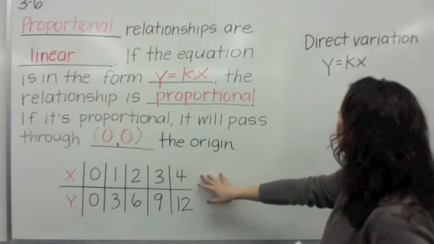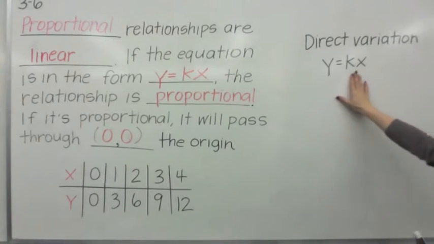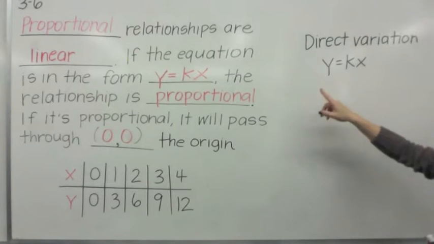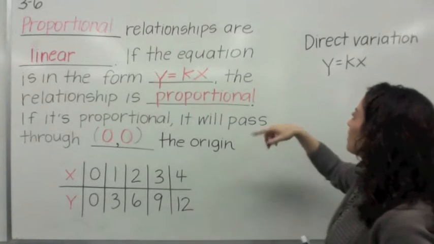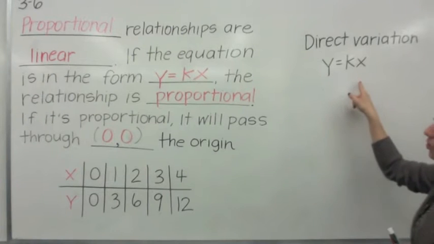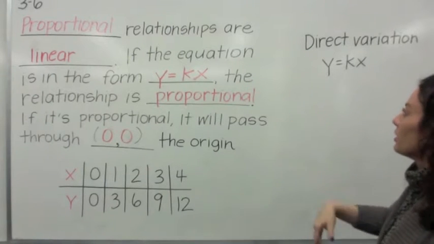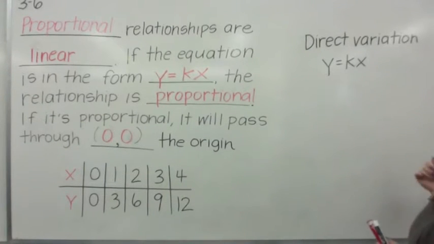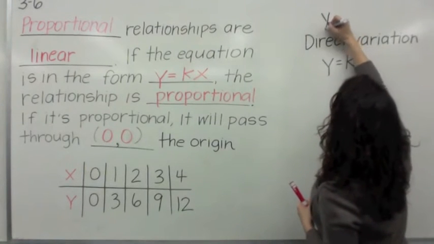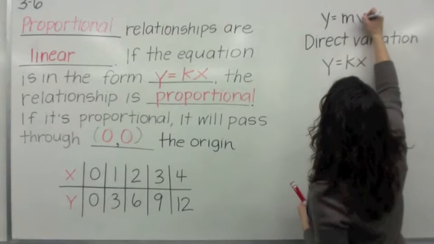Before we look at an XY table to see whether or not this is proportional, we need to talk about direct variation for a minute. If the equation is in the form of y equals kx, then it's proportional. We need to figure out why that is. Let's pretend that y equals mx.